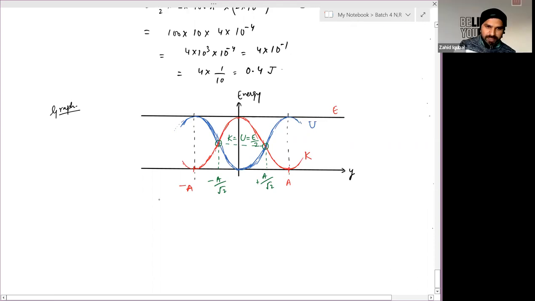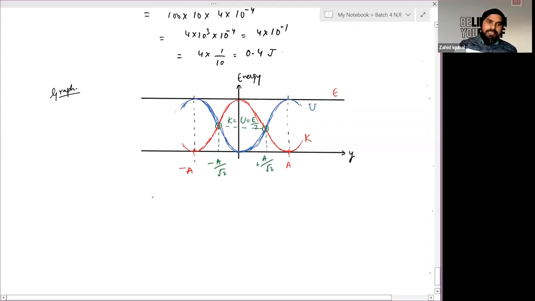Let me prove this part. According to the formula, kinetic energy equals half m omega square (a square minus y square), and potential energy is simply half m omega square y square. So at this point, potential energy and kinetic energy are equal, so just equate these two terms. So half m omega square, half m omega square gets cancelled out. So you're left with a square minus y square equals y square.